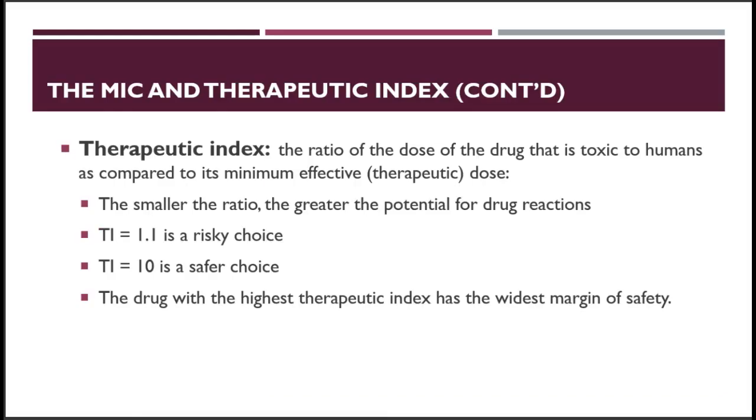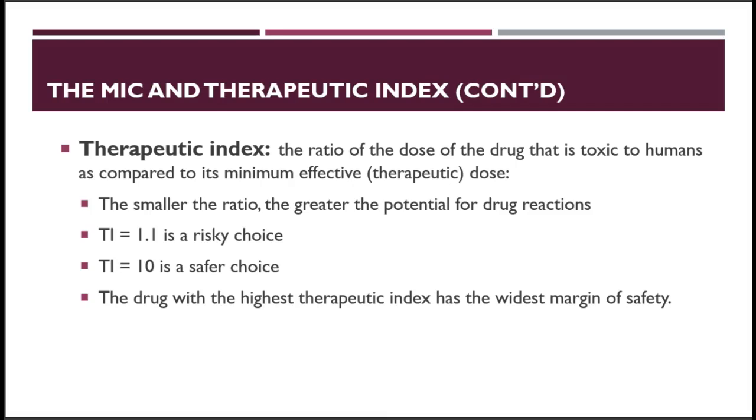So when we're looking at therapeutic index and the best drug or the most effective drug for the therapy and the concentration that's going to be most effective, we have to look at the toxicity of the drug and the dose of the drug that is toxic to humans and that minimum inhibitory concentration. What is the minimum dosage that will be effective against that organism?